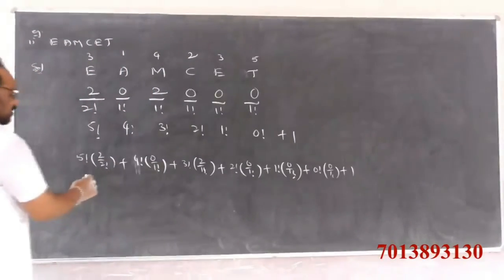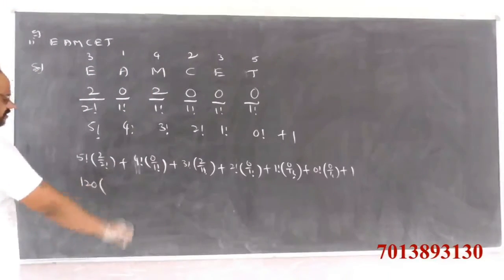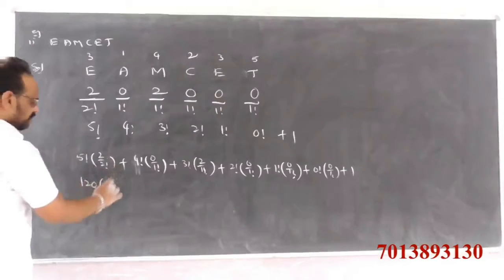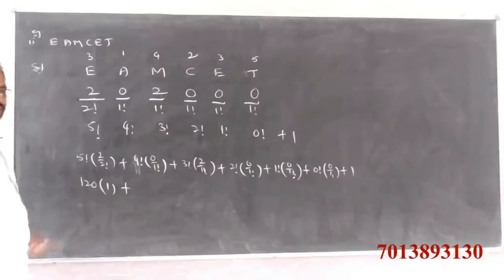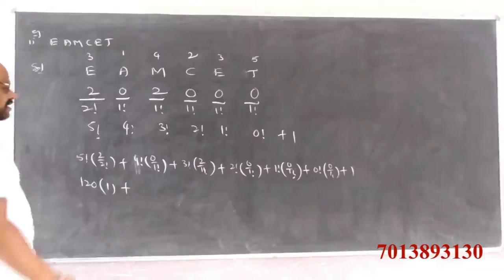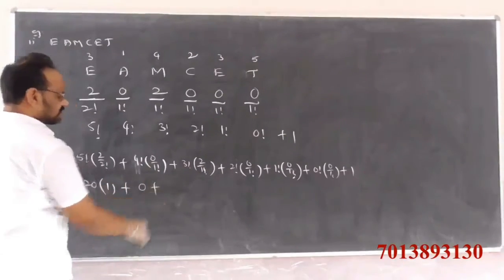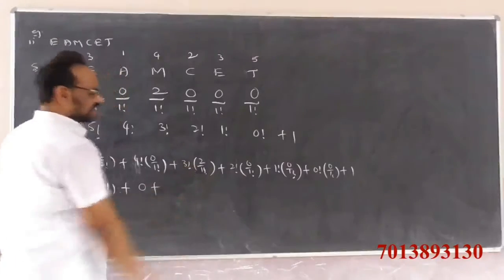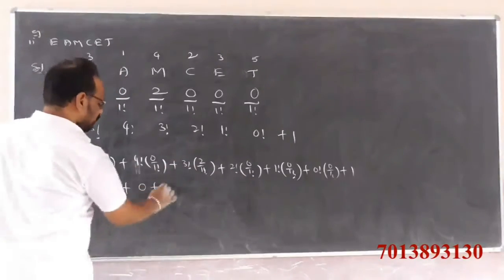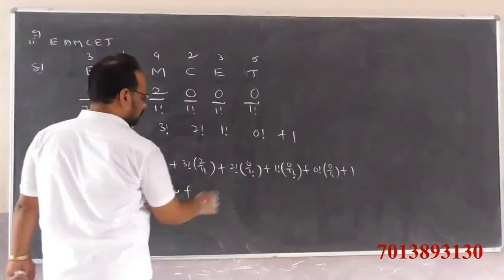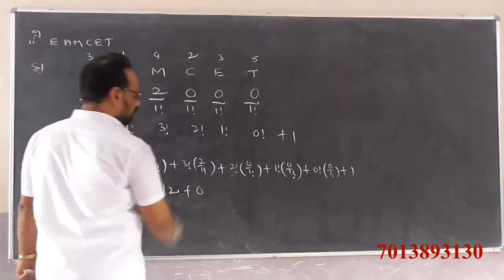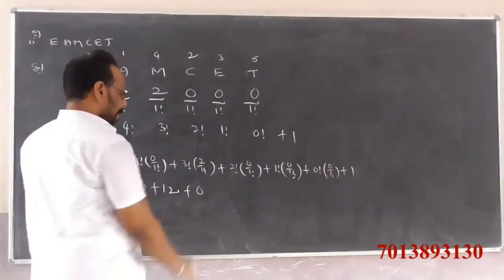Observe here, 5 factorial we already know is 120. 2 by 2 means clearly 1. Plus 2 by 2 factorial means 2 only. So clearly 0 by anything is 0. This total means 0 plus 3 factorial, which is 6. 6 twos are 12. Plus 0 by anything is 0, 0 into 2 factorial clearly 0.